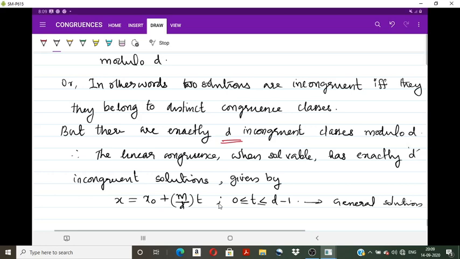So when t equal to 0, we get x naught, one of the solutions that we know already, and the other solutions are in terms of x naught, for the values t from 1 to d minus 1.